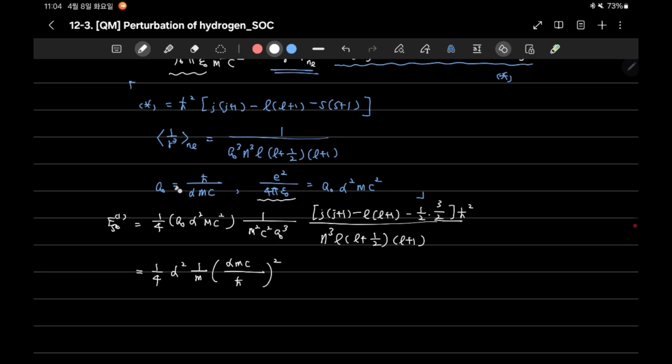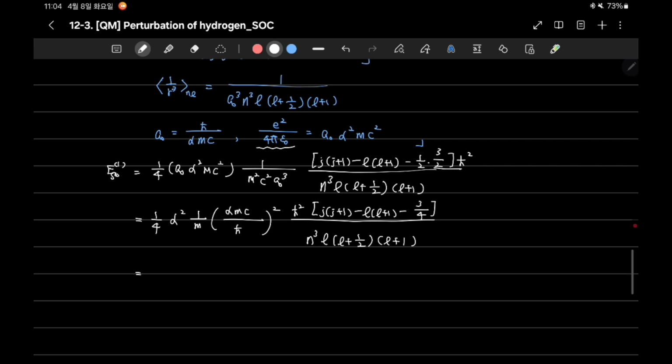It is a0 square, it makes that. And also remaining one is that h bar square j plus 1 minus l plus 1 minus 3/4, and also n cube l plus 1 half l plus 1.